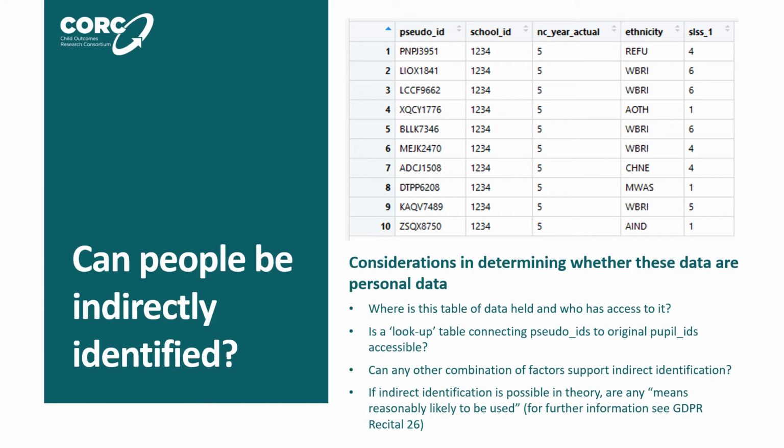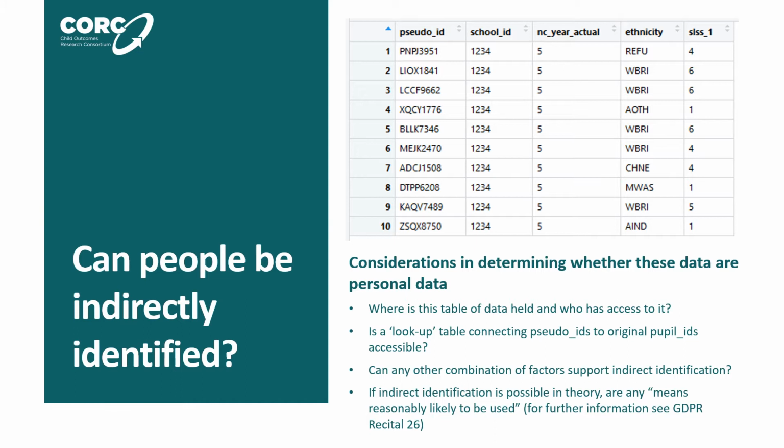For example, if this table of data is held within the school, it would be relevant to consider whether the school has retained a lookup file that links pseudo-IDs to the original pupil IDs. The existence of such a lookup file would make it relatively straightforward to re-identify a pupil. If this table of data has been shared with another organization that does not have access to a lookup file, other considerations would arise.